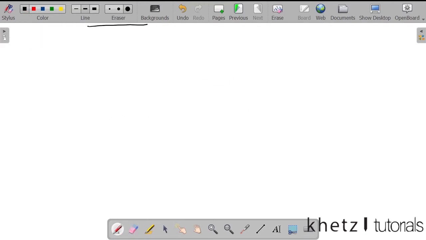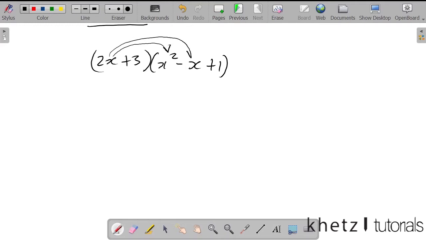For example, if you had more terms, something like 2x plus 3 multiplied by x squared subtract x plus 1, you start by multiplying your 2x with your x squared, then your 2x by your negative x, then your 2x by your 1. Whatever number of terms you have here is going to be multiplied by the number of terms on the right side.